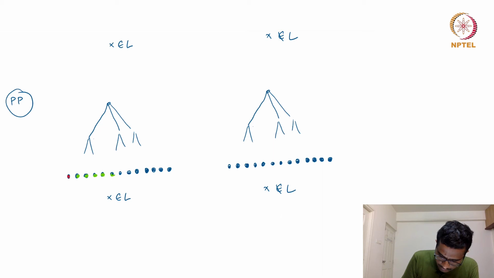So we said it can have at least half accept. So 7 now. This will be considered as a yes instance, and when X is not in the language, right, at least half rejects.